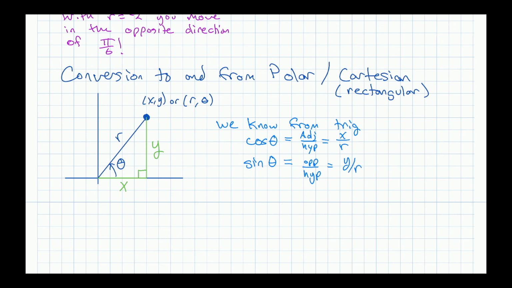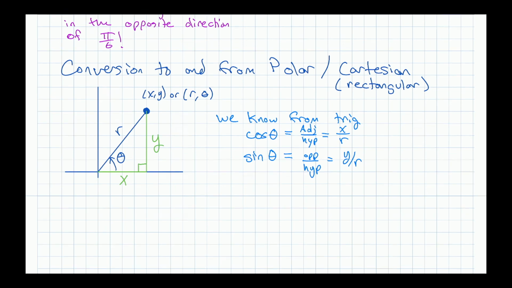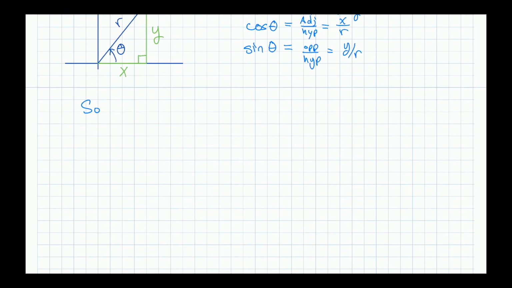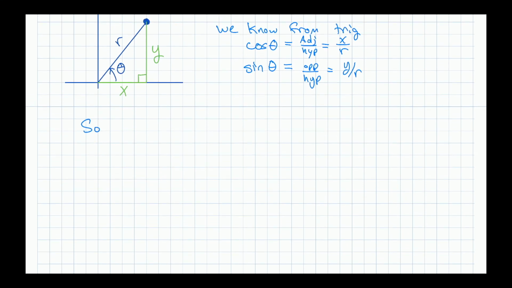But this can be rearranged, because if you just solve the equations for x and for y, if cosine theta is x over r, you can take this r and move it to the other side.